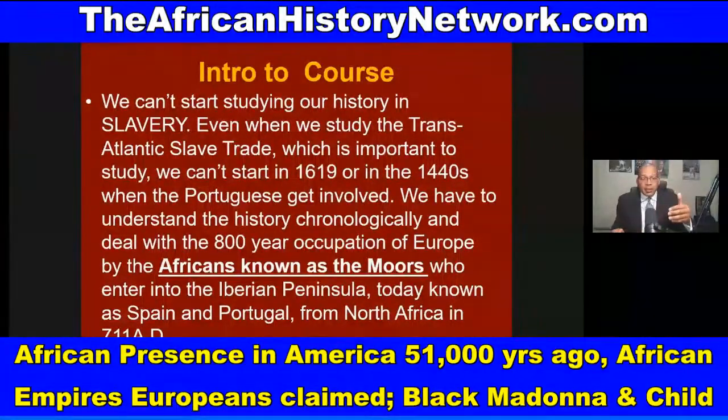It's these teachings that the Moors take into Europe from the Nile Valley region of Africa that bring Europe out of the Dark Ages. The next period that Europe enters is called the Renaissance era, a period of new enlightenment. So we have to deal with the 800-year occupation of Europe by the Africans known as the Moors, who entered the Iberian Peninsula in 711 AD.